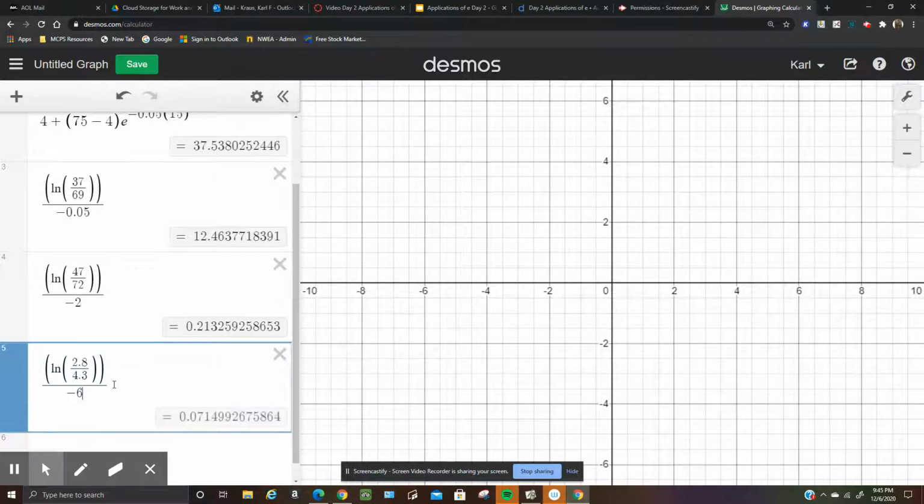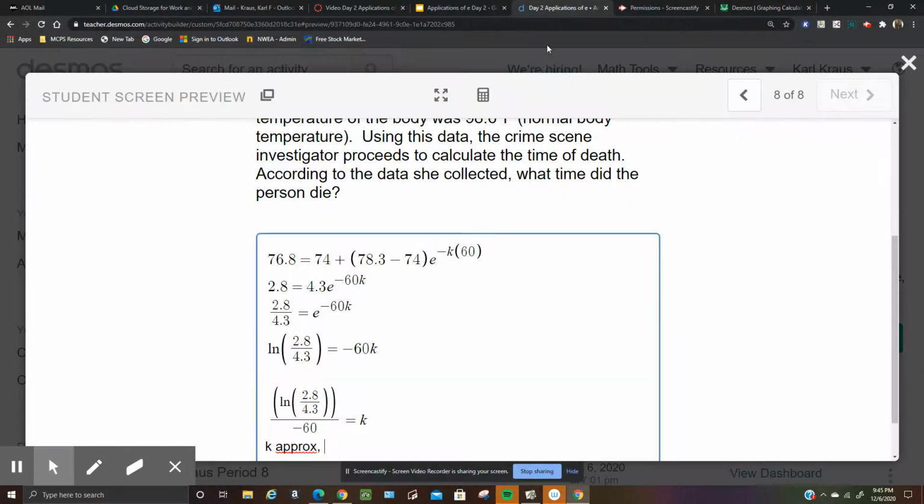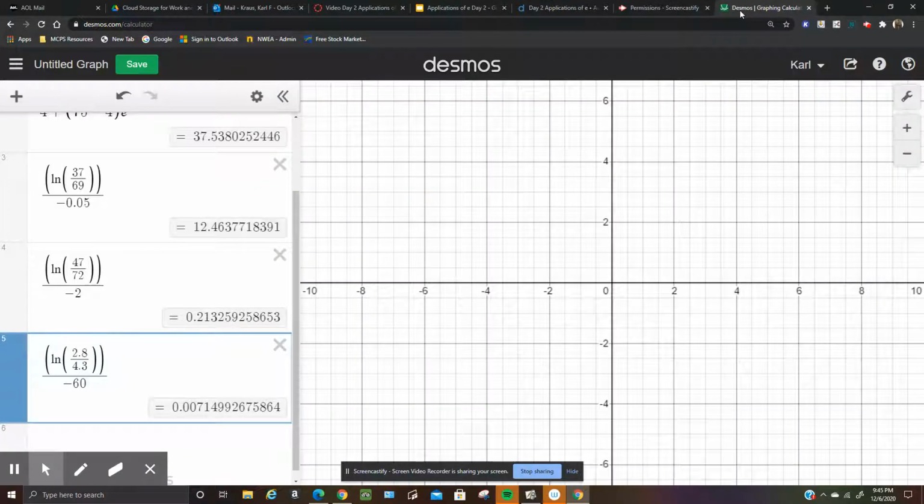That's from a previous problem. That's other. So 0.007 is my K value. Oh, how many zeros are there? 2.